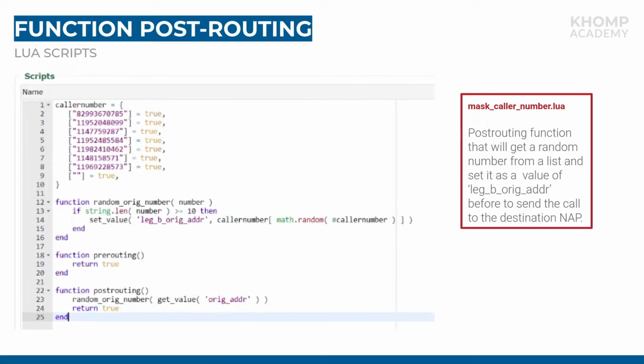We have a different kind of routing script. As I said before, we have a post routing function, and here we are going to use some lists, the same as before, but in this script we are going to do some number masking.